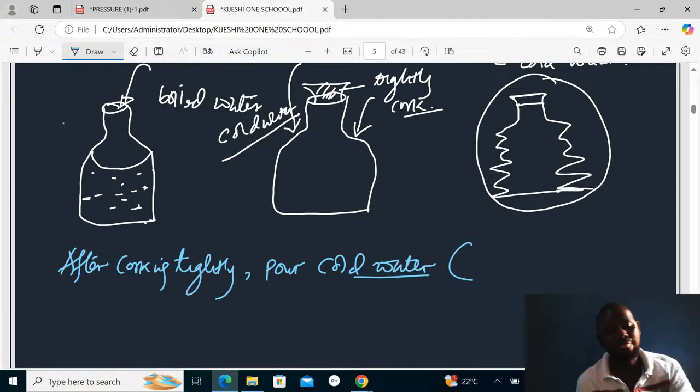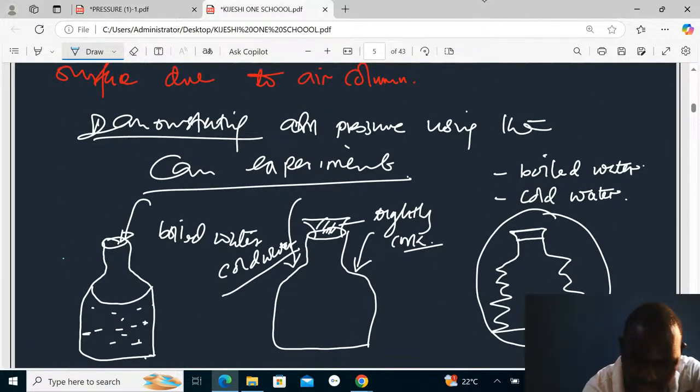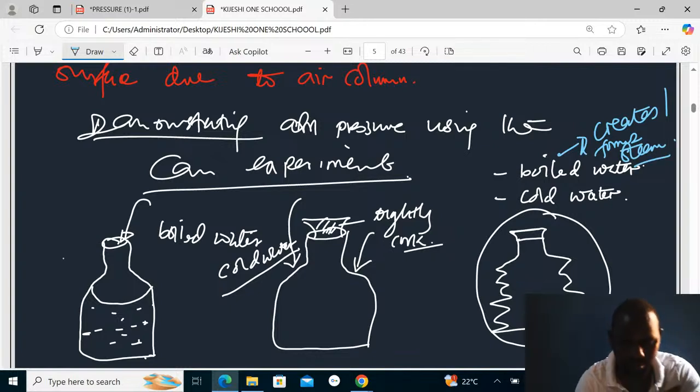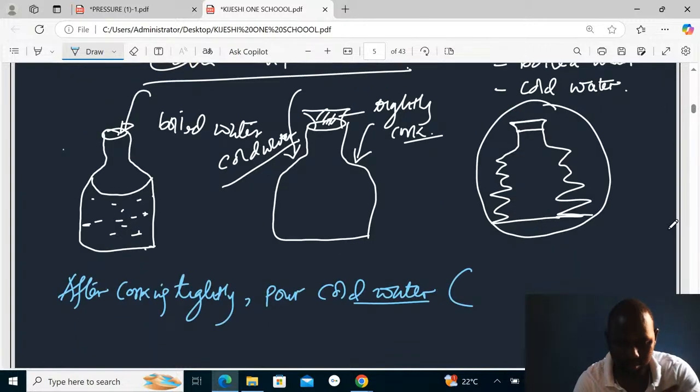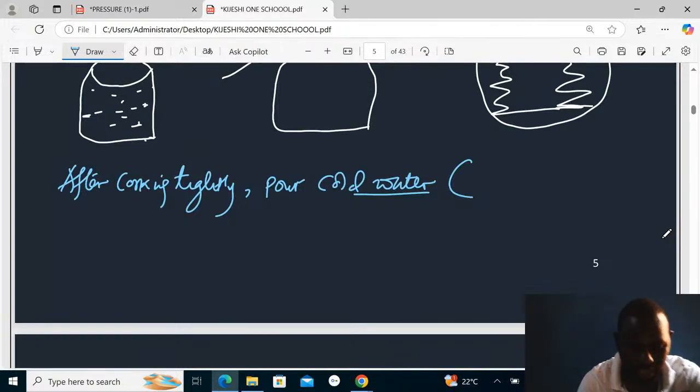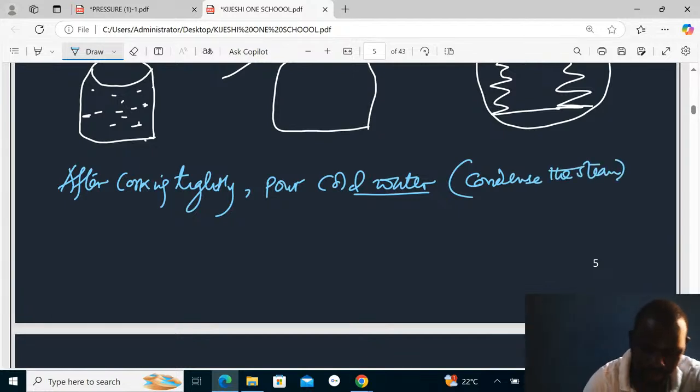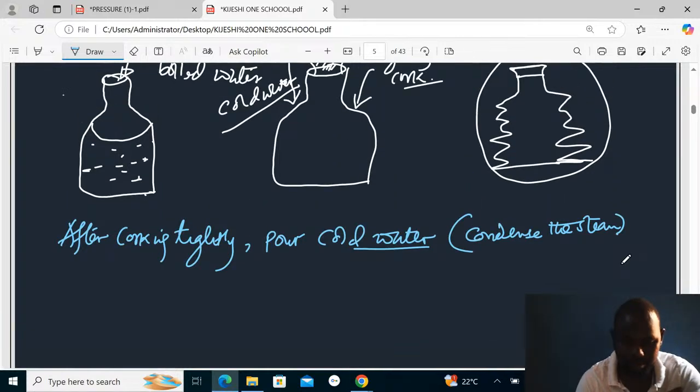And remember, the purpose of the boiled water is to create some steam. So now you can say this one creates, or forms, steam. So the cold water is to condense the steam. So you can also have it here.